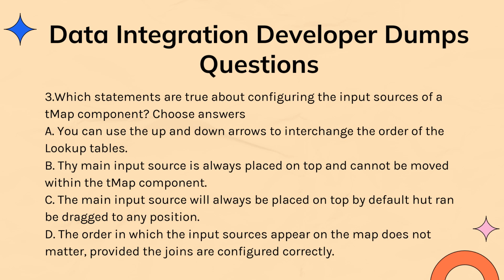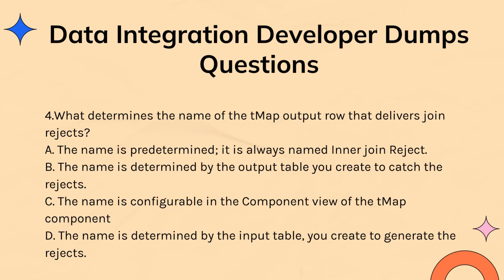C. The main input source will always be placed on top by default, but it can be dragged to any position. D. The order in which the input sources appear on the map does not matter, provided the joins are configured correctly.